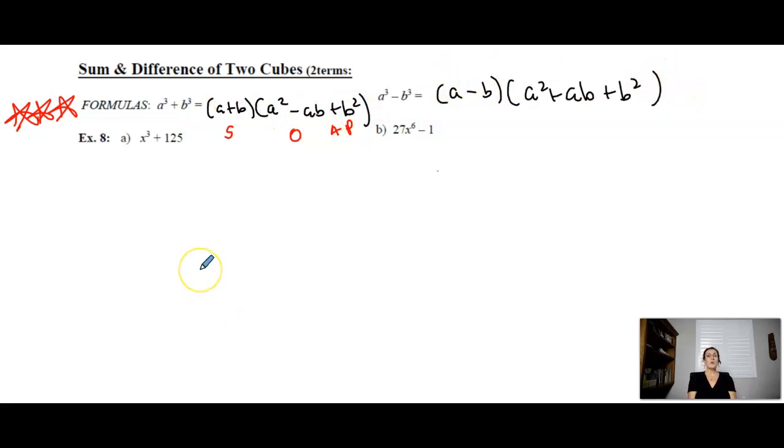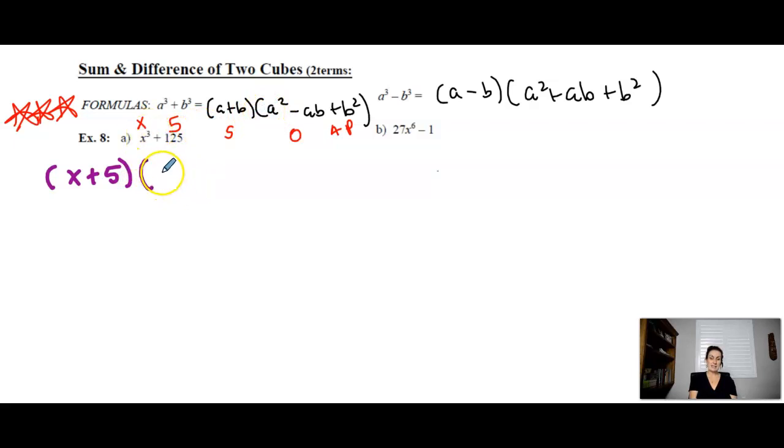So how do you know if you have a sum of cubes? So the first variable is a perfect cube. And the second number is also a perfect cube, 5 times 5 times 5. So now here's your A and here's your B, and you just throw it into the formula. So it's super easy. I think I'm going to try purple. So we're going to have x plus 5, and then we have a squared.